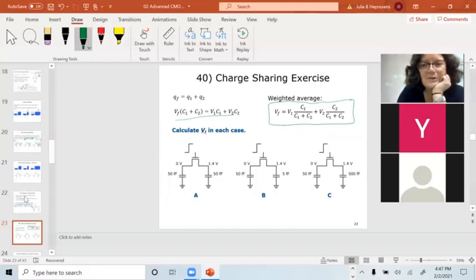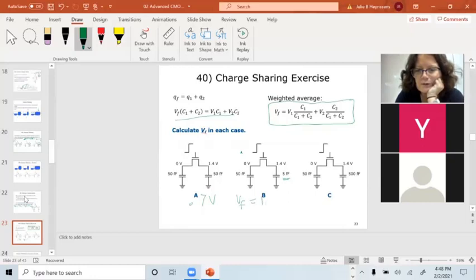Okay, if the two capacitors are equal, I get V final is half V1 plus half V2. So that would be 0.7 volts. If this one is 10 times bigger, I get now V final is V1, which is 0, so I'm going to just ignore it.